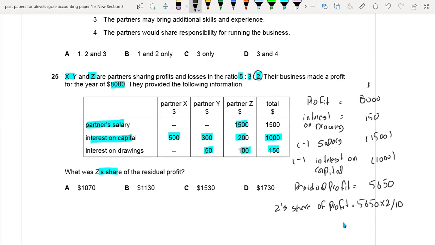So 2500. Sorry, not 2500, 1130. $1130 is Z's share of profit. So B is the right option.